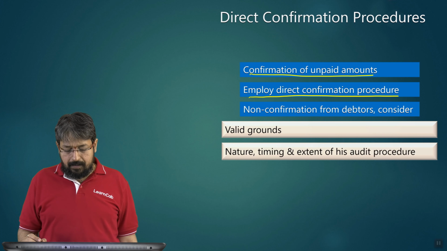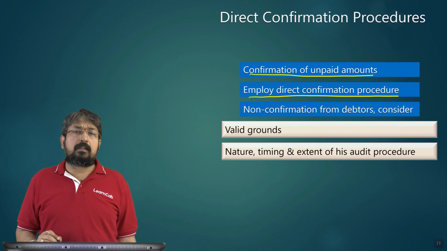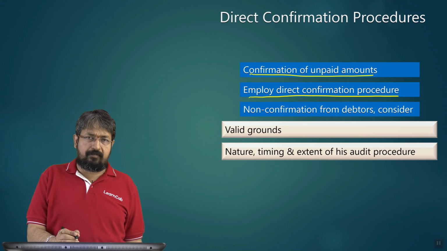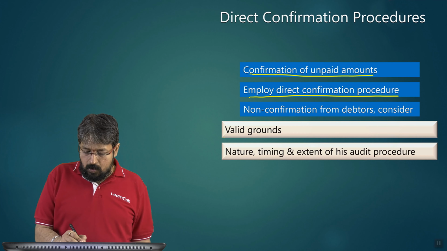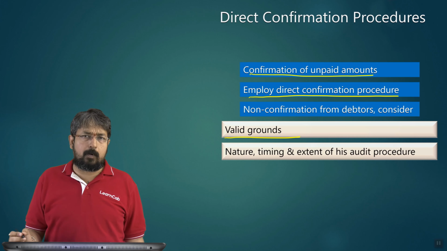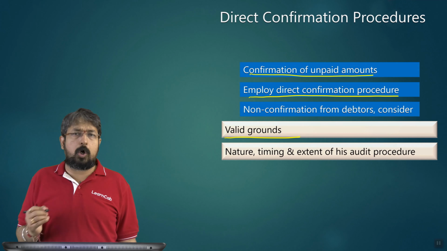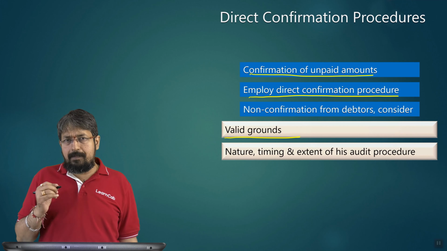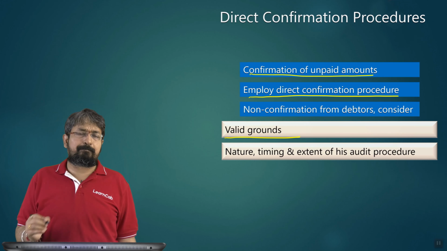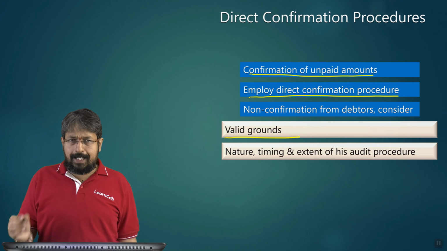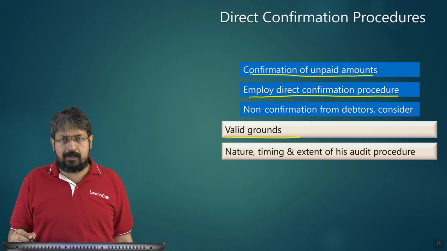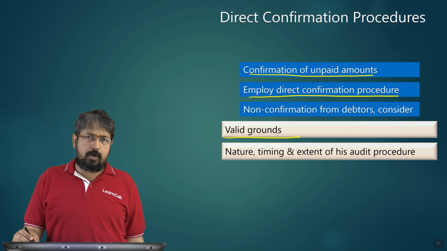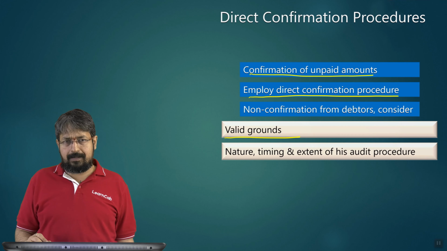So what are the valid grounds? For example, the client may request not to obtain the confirmation, or the debtor may not respond. In such a case, you have to ascertain the valid ground why the client is requesting not to obtain the confirmation. There may be a possibility of a case against the client, or the matter may be in court or under litigation. The moment it is in court or litigation, the balance may not match. That's one thing.